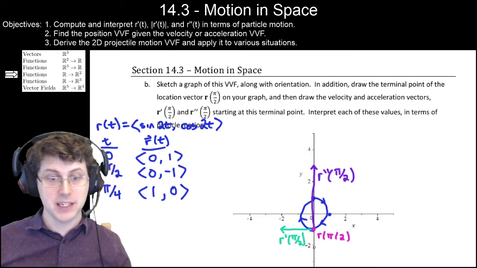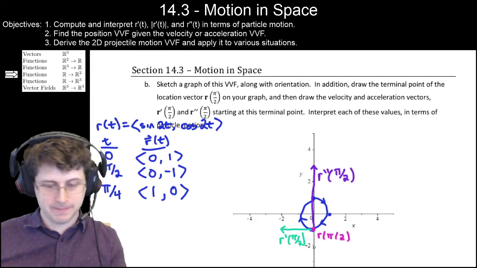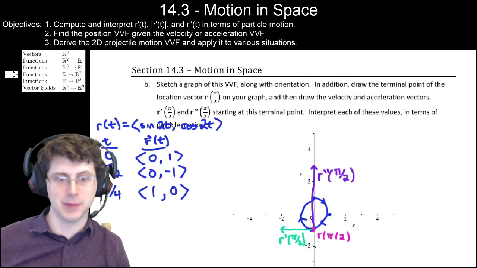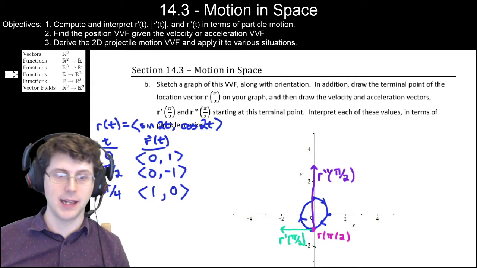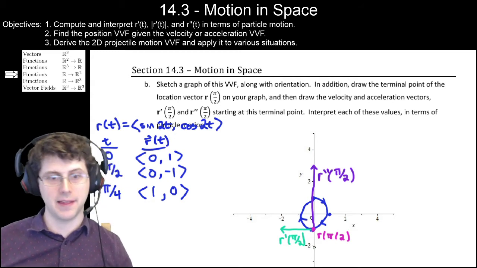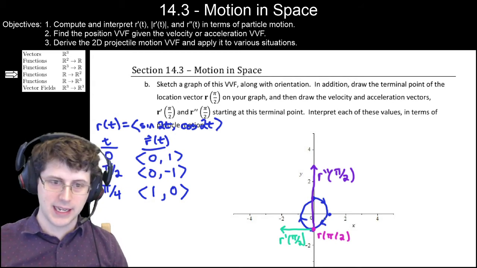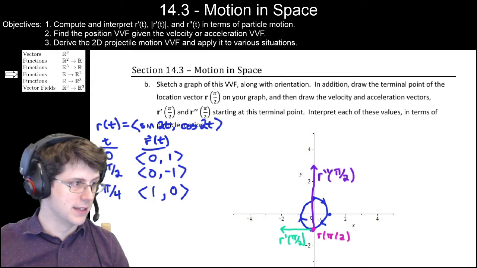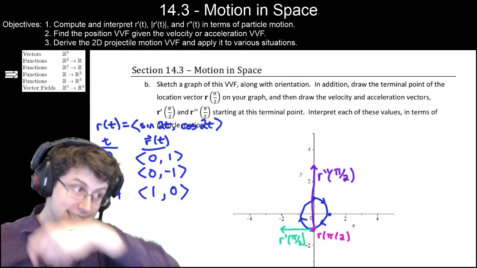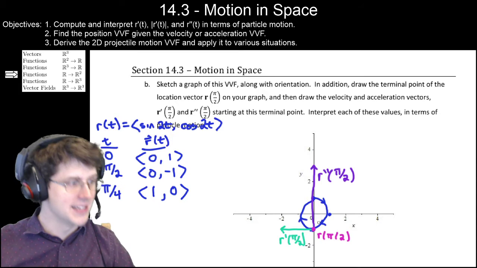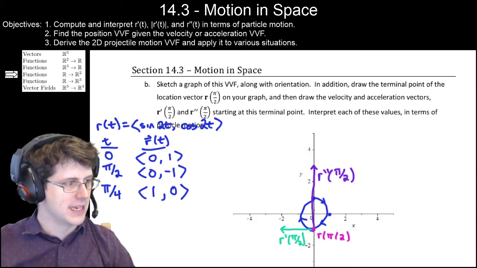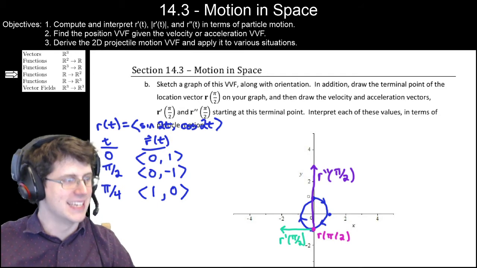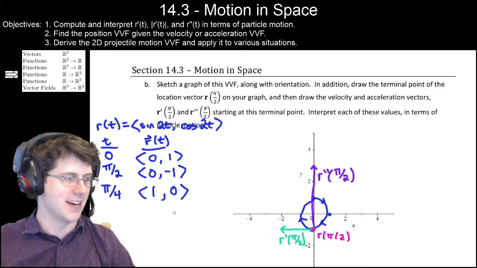And then the acceleration vector tells you what acceleration would have to be applied in order to keep you on the path. Here, I'm spinning around this circle, and I need to turn right to stay on the path. So my acceleration vector is telling me, turn right. I need to be pulled that way, otherwise I'm going to just fly off the circle.